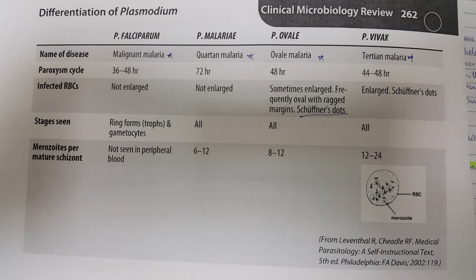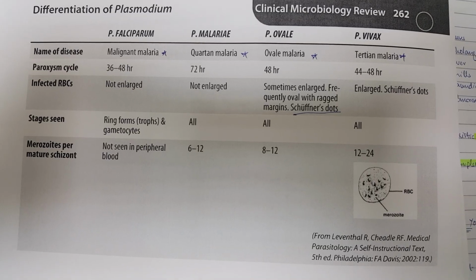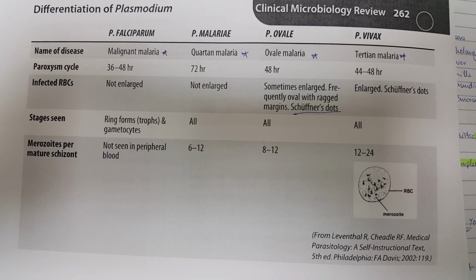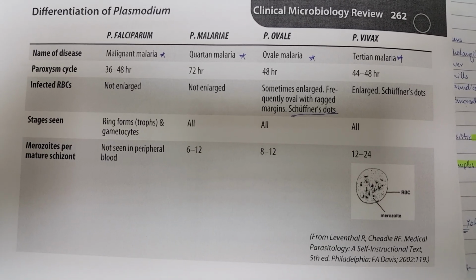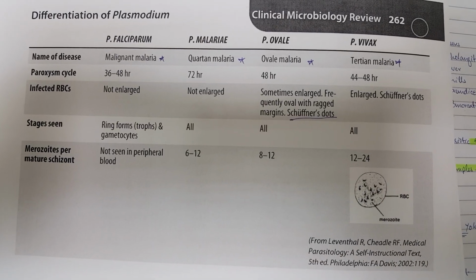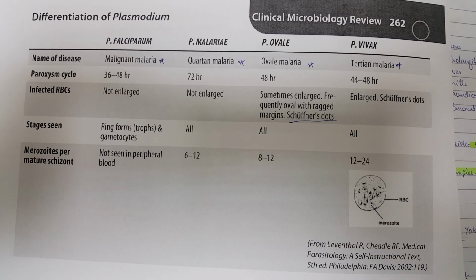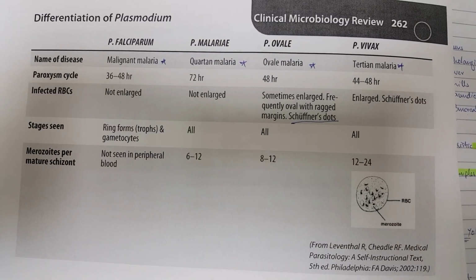RBCs are infected in all of the cases, but the shape of the RBCs is not changed in falciparum and malariae, while vivax and ovale will change the shape of RBCs.